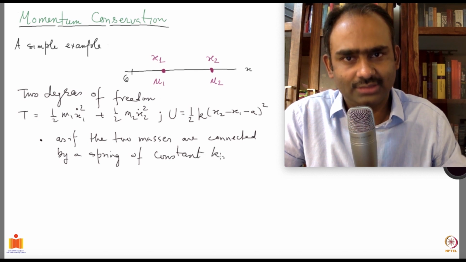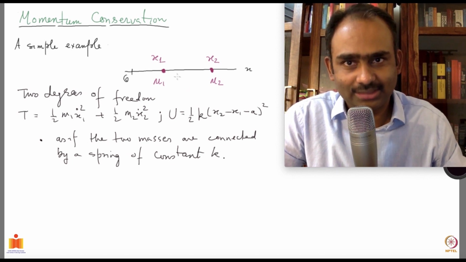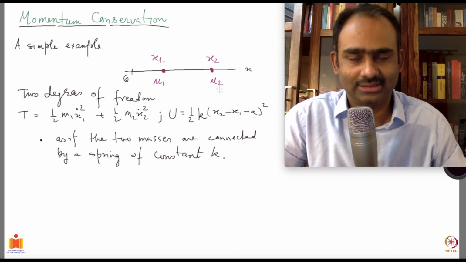I hope that's clear from here. x2 minus x1 is the separation between these two masses.